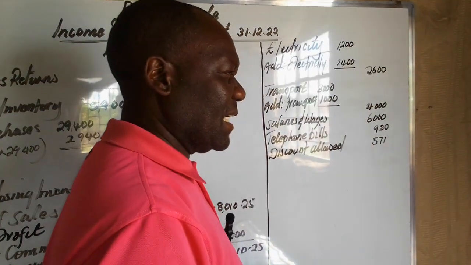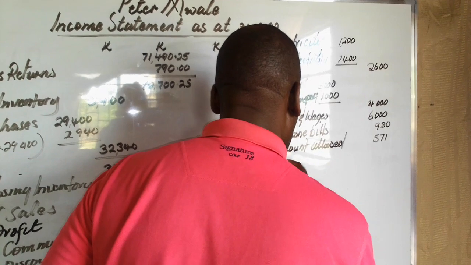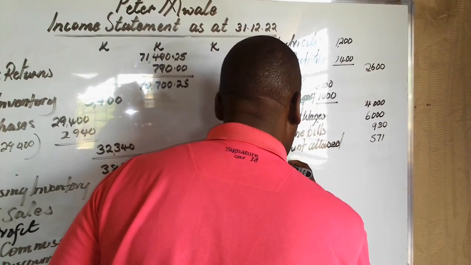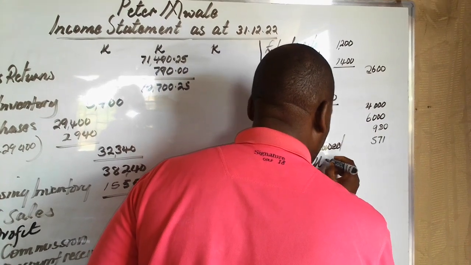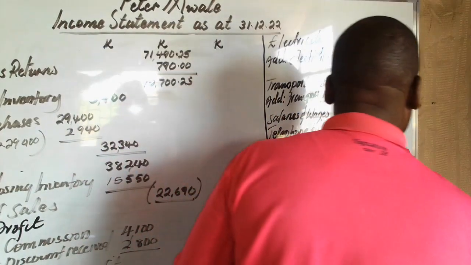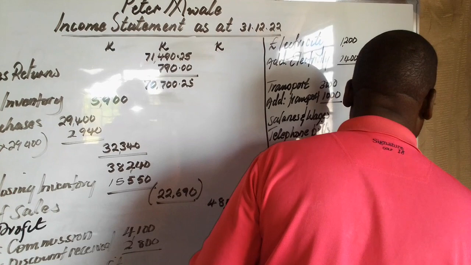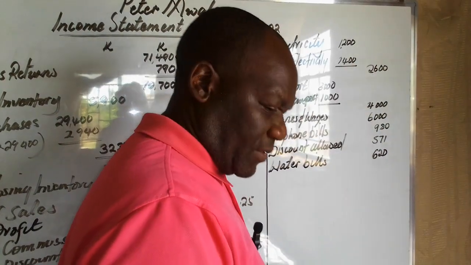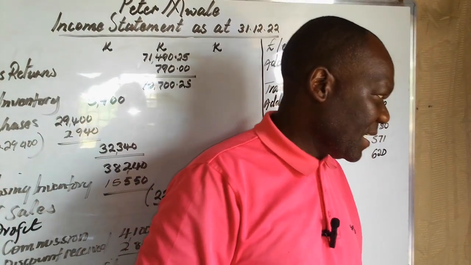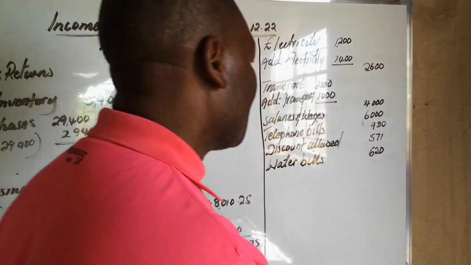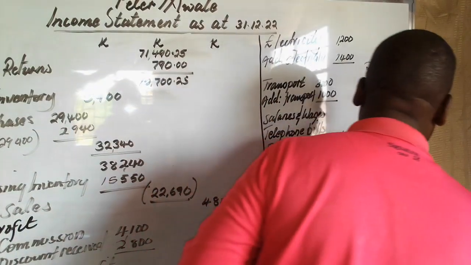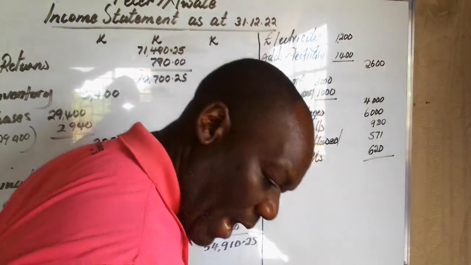Then the 620 is water bills in the question. Okay, do we have any other expenses in the question? All the expenses are accounted for. Which means we need to add.